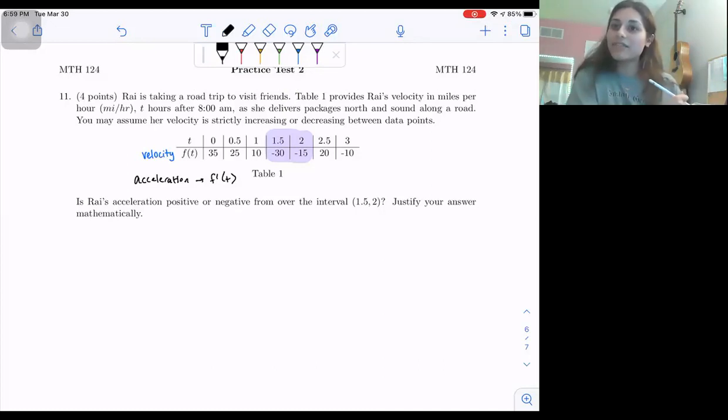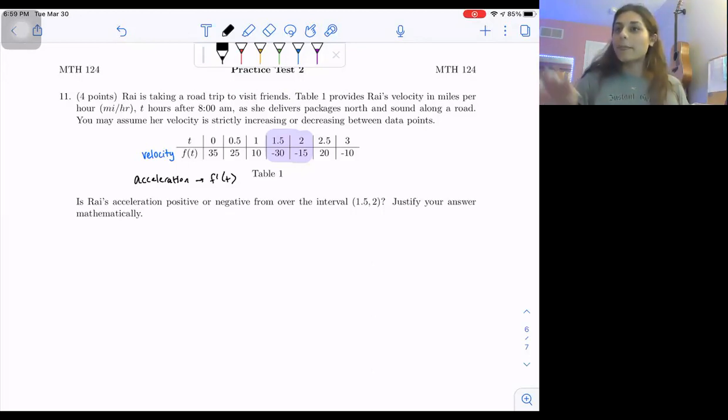So if we're going from -30 to -15, we're actually increasing our velocity because we're starting to go forward. -15 is higher than -30. So even though we're going slower, our velocity is increasing. And when our velocity is increasing, when our original function is increasing, our derivative of that, our acceleration, is positive.